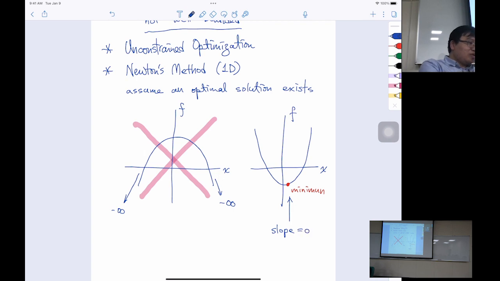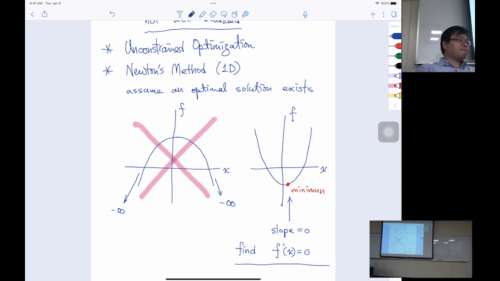So the way to find the position with slope equal to 0 is to take the derivative, and find a position where the first order derivative equals 0. We want to find this point.